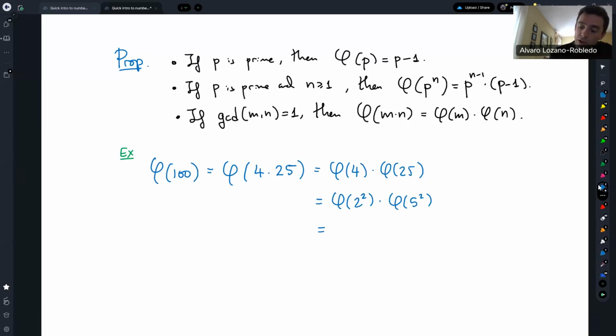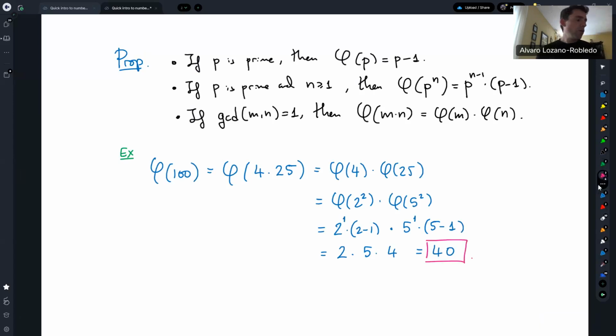So that will be 2 to the 2 minus 1, so 2 to the 1 times 2 minus 1, times 5 to the 1, where I write a 1 to note that I've decreased the exponent by 1, times 5 minus 1. So that is 2 times 1, so just 2 times 5 times 4. That is 20 times 2, so it's 40. That's my final answer.